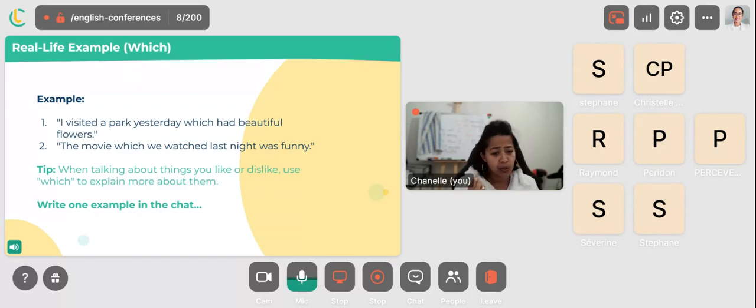When talking about things you like or dislike, use which to explain more about them. So using which can help you give more information. So let's try it for ourselves. Try using which in a sentence and put your responses into the chat. Let's have a look. What do you think?